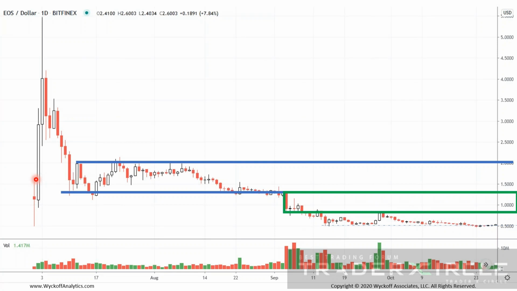Look at the green box. This is the pattern that we love. Absorption on the way down at point 1.